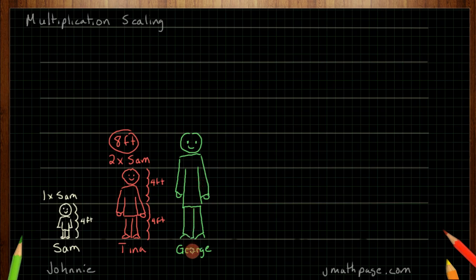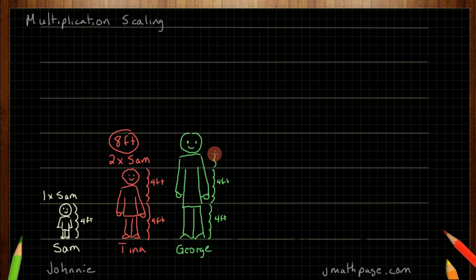Now, what do we know about George? We know George is taller than Tina, and we know that George is taller than Sam, but by how much? Well, if we start counting, we can see that George is 1, 2, 3, 4 feet tall here, so that's 1 times as tall as Sam. 1, 2, 3, 4 again, that's twice as tall as Sam, just like Tina was.